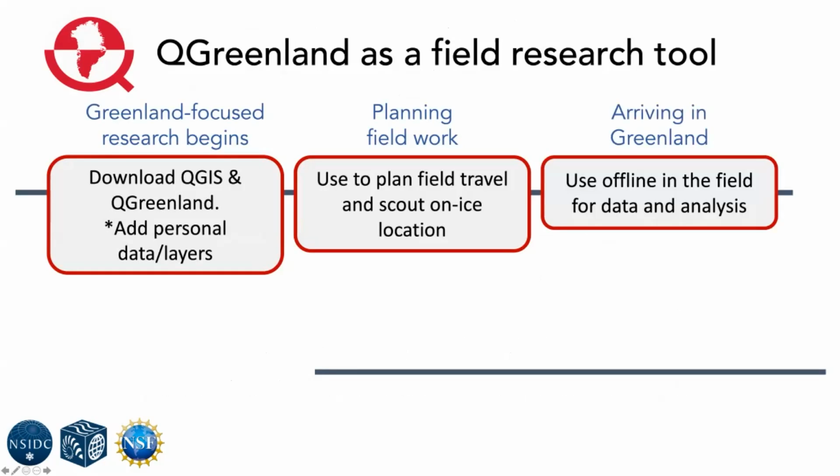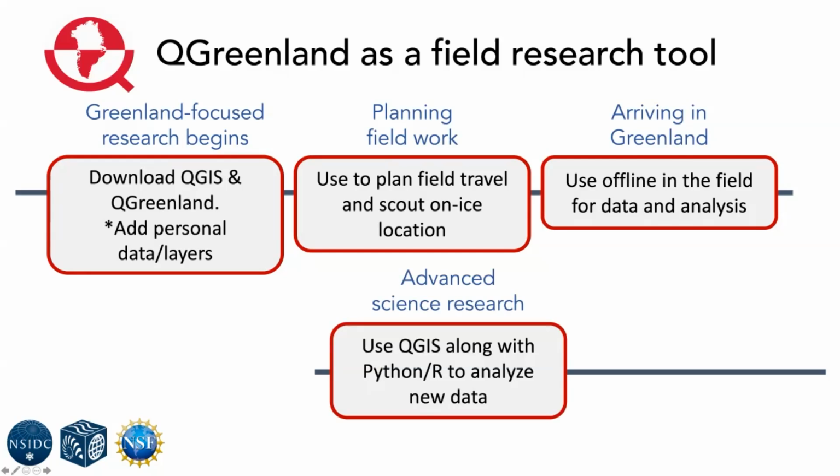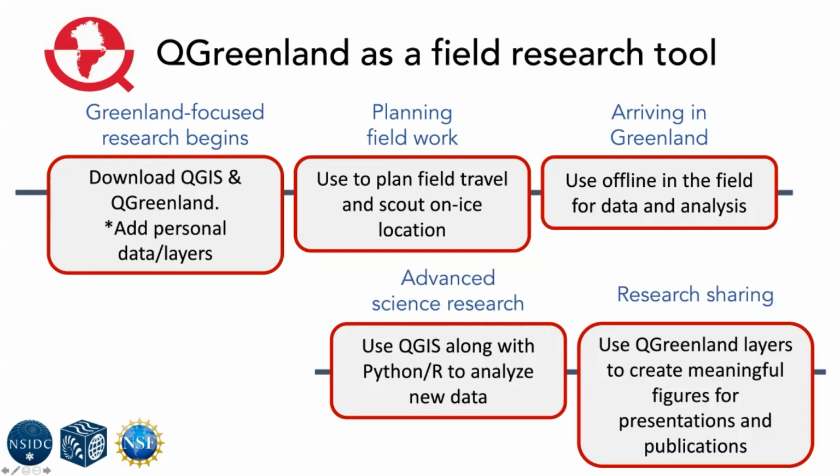As you step off the helicopter onto the ice, your QGreenland use goes offline, still providing all of the QGIS functionality. So, in-field and in-office data analysis can work hand in hand. As you begin to share your results, QGreenland provides plenty of layers for creating engaging presentation and publication visuals, or for creating teaching or outreach information to share with your research.